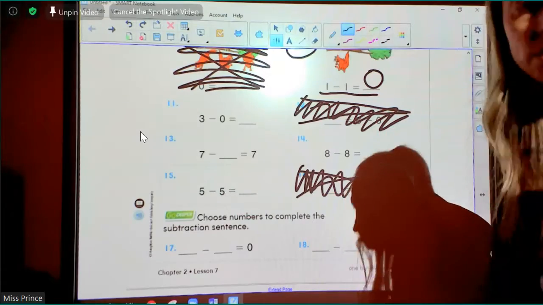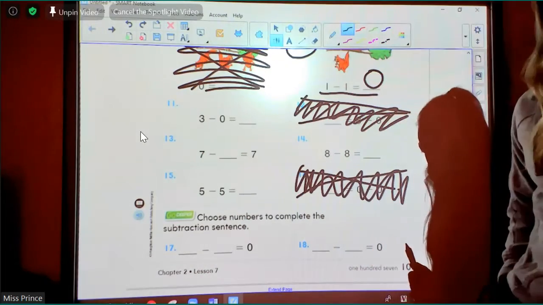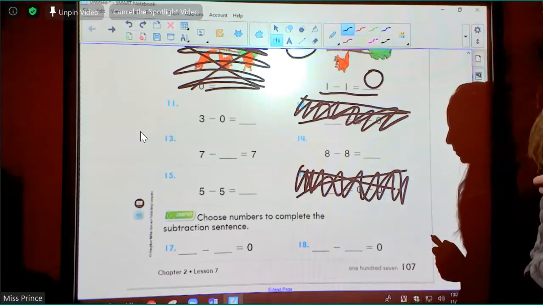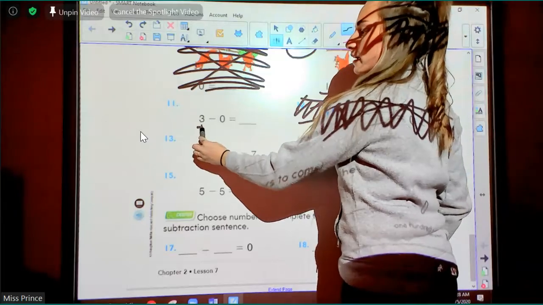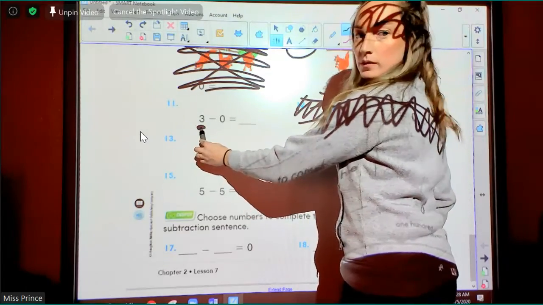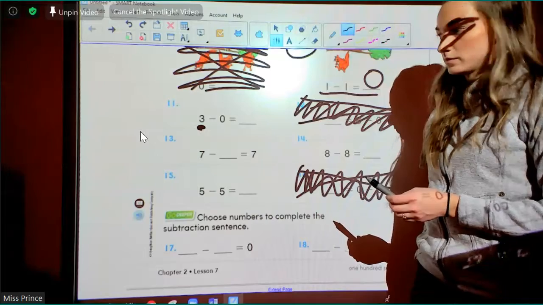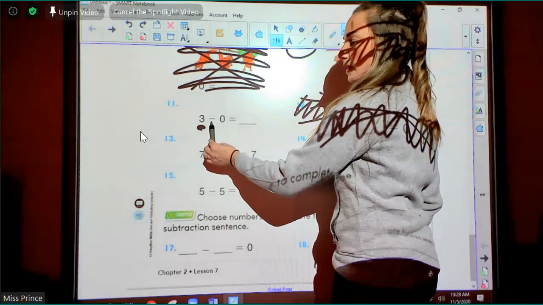11. Jose, will you read problem 11 and tell me the answer? 3 minus 0 equals 3. Can you tell me this symbol right here?